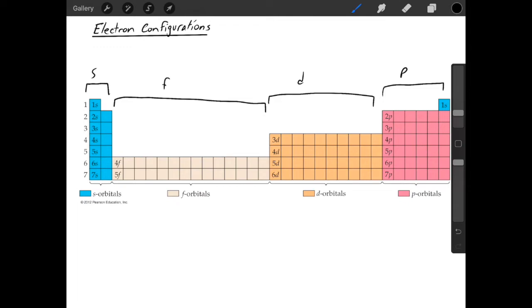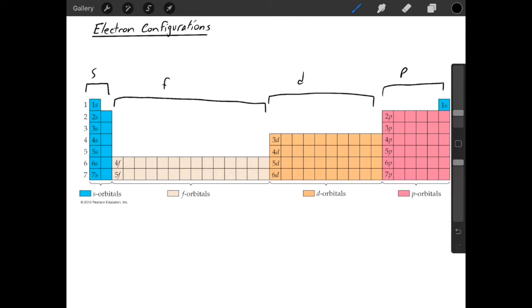And any element that shows up in an S block, for example, is going to have its valence electrons in the valence s orbital. Anything in the F block will have valence electrons in the valence f orbital, and the D block will have its final valence electrons in the valence d subshell, and the P block elements are going to have their final valence electrons in the valence p subshells.